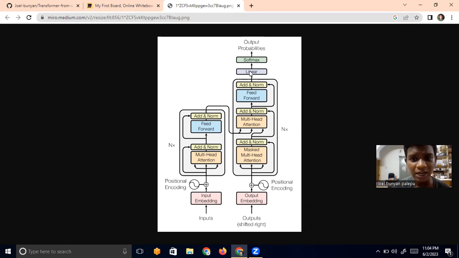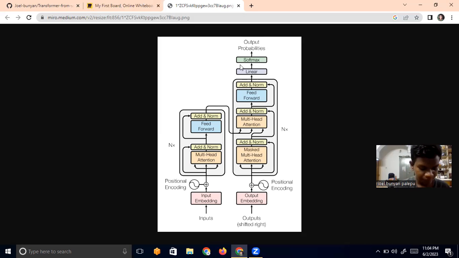Now let's look at the decoder part. In this decoder part, there are not many new boxes. There is masked multi-headed attention, which is just adding a mask. I elaborated a little bit in the last video, but in this video I'll tell you about that.